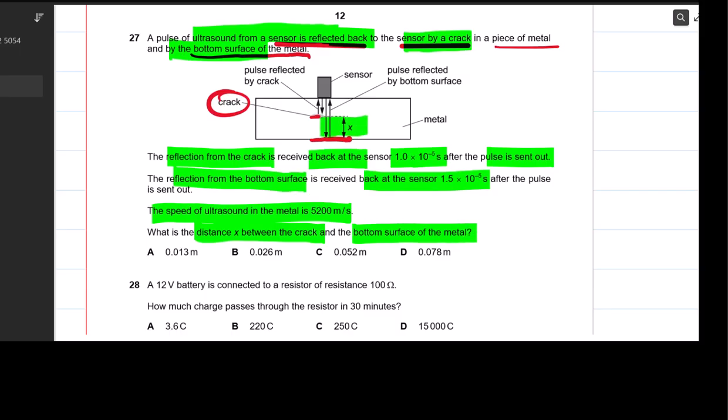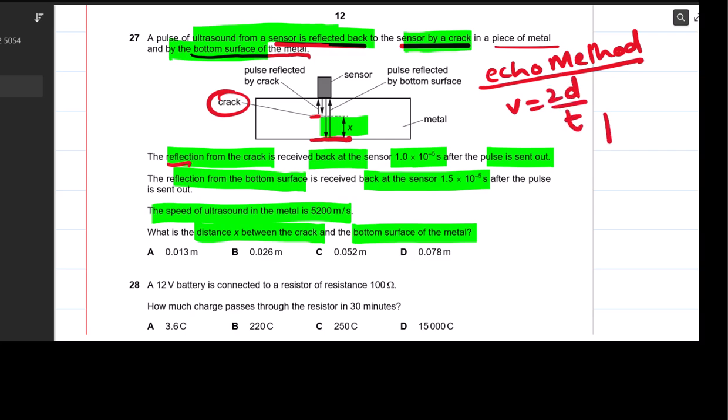This distance we are interested to find. So, dear students, first of all, this is reflection. So the echo method we have to apply. And what is the echo method? That is v = 2d/t. Because the wave is going, then it reflects back, so double the distance is covered here. So we have to find the distance for this crack. This is d1, and we have to find the distance from the bottom of the metal.